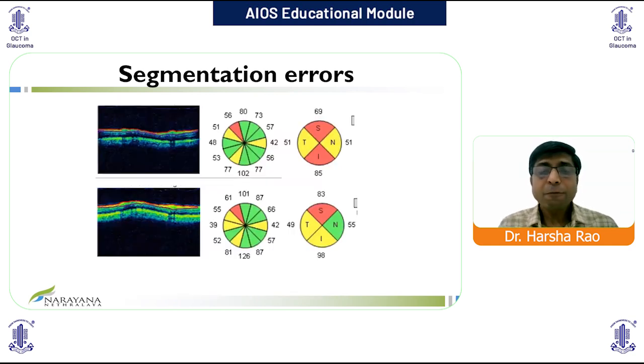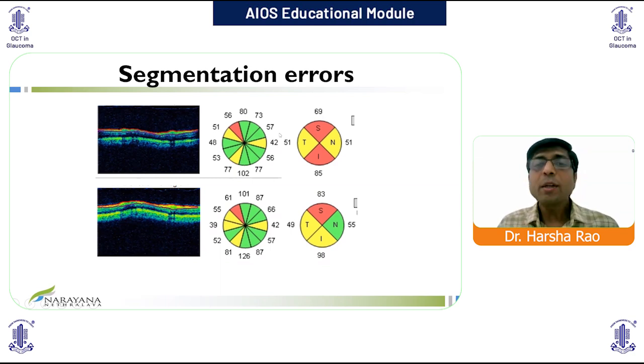One common reason for segmentation errors is low signal strength. Here are two scans of the same eye, one with a poor signal strength and another with an acceptable signal strength. We see that the clarity of the segmentation is not that great here compared to the scan below.